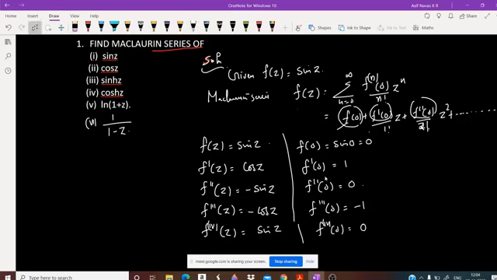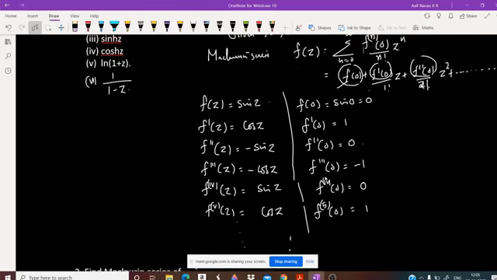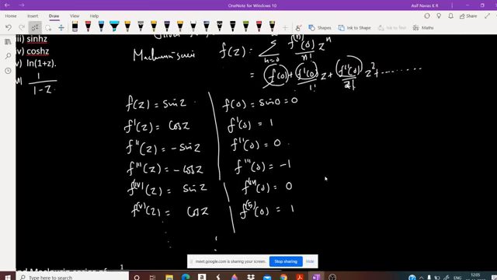So we will find a few terms. Okay, so f fifth derivative of z is the derivative of sin z, which is cos z. So f fifth derivative at 0 is cos 0, which is 1, and so on. Okay, now how to find out? So now we will write.